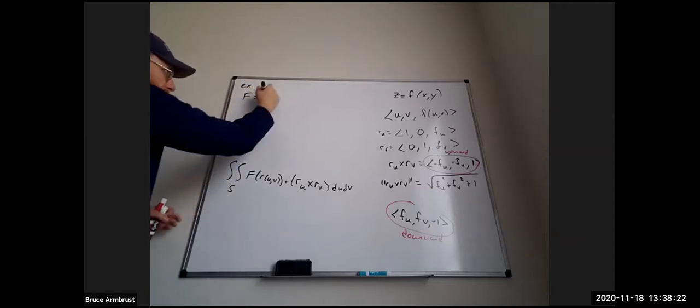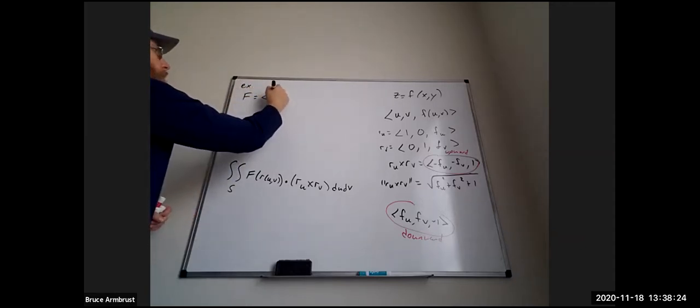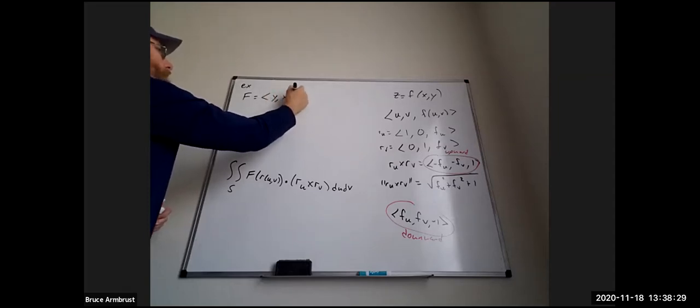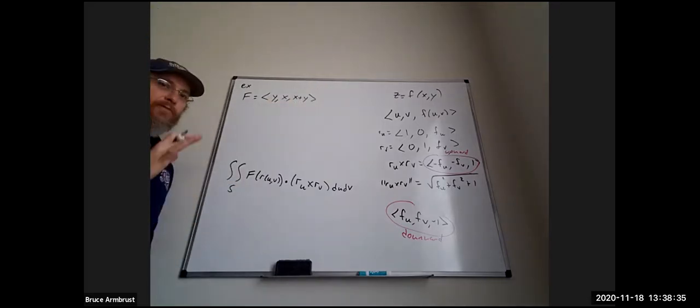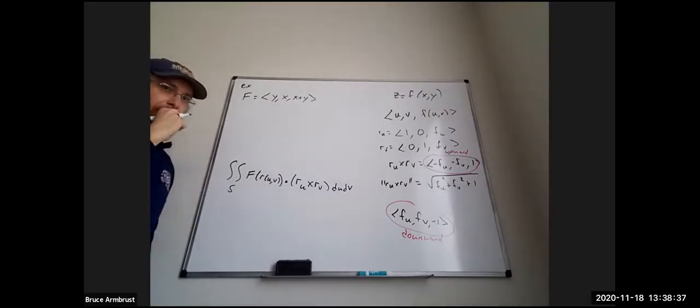We've got a vector field of y, x, x plus y. Okay, so this is how our field is going to be determined.